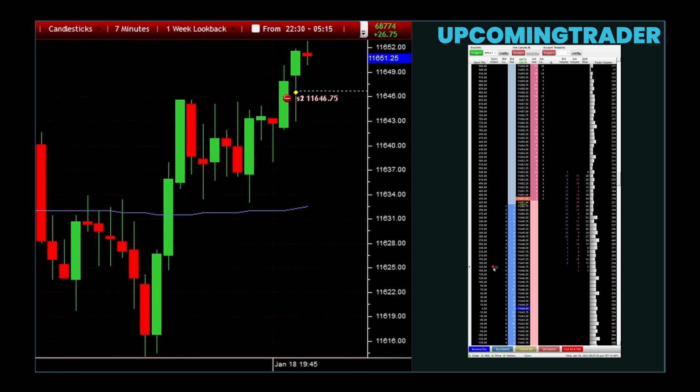So why should you care about volume? The answer is simple. Volume tells you whether a price move is strong or weak, and that knowledge can be the difference between a successful trade and a losing one. Additionally, volume can be used to identify various chart patterns that provide deeper insights into market behavior.